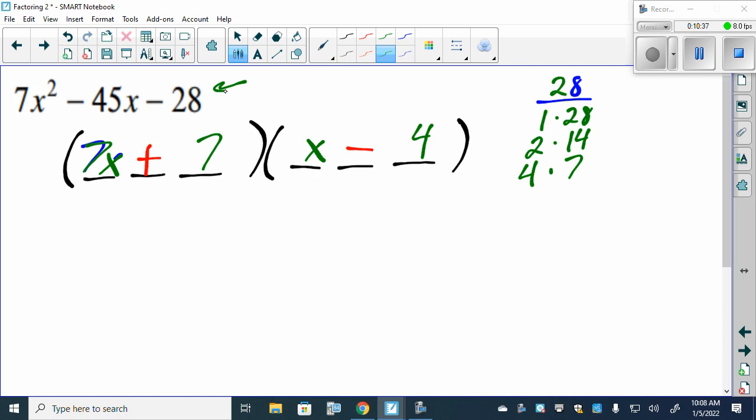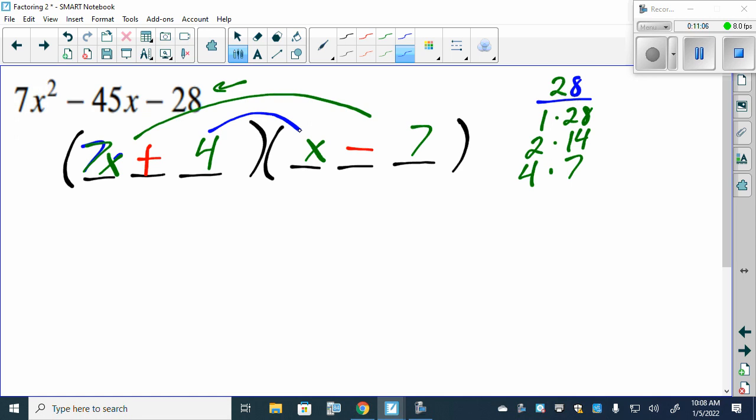And if there's not a greatest common factor to begin with, there cannot be one in either set of parentheses. So that tells us that 7 can't go here. But we can put 4, because 4 and 7 don't have a greatest common factor. x and 7 don't have one.